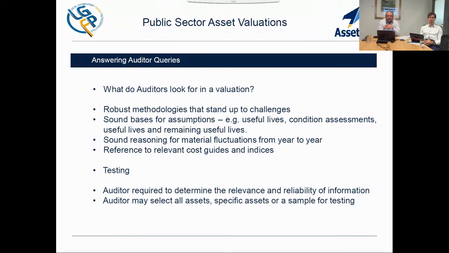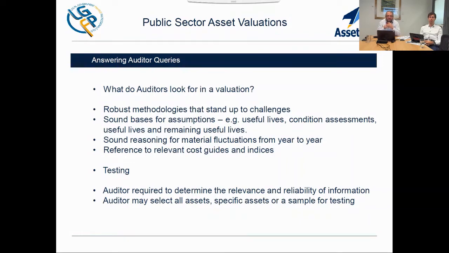So more and more of our time is certainly spent providing supporting evidence. For example, if we've used two or three land sales as comparable evidence to support a valuation, we'll provide details of those and a narrative on how we've used those and adjusted them to support a particular land valuation.